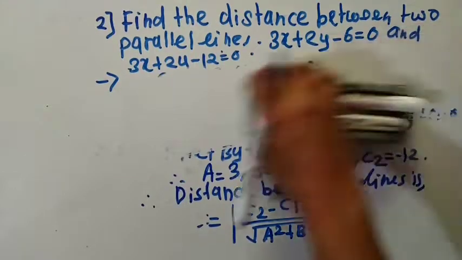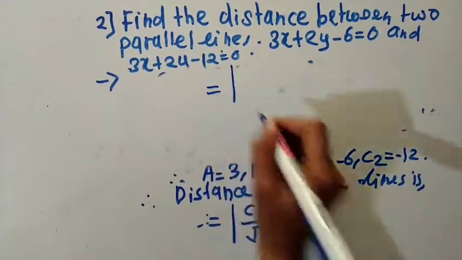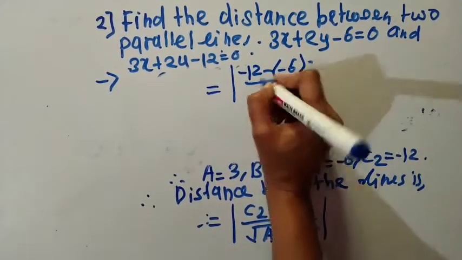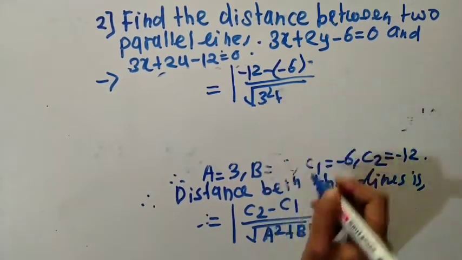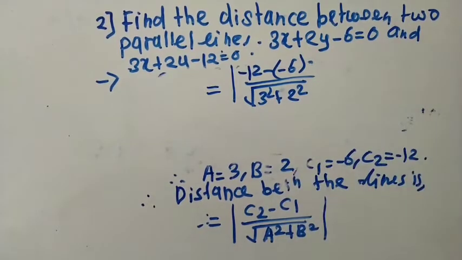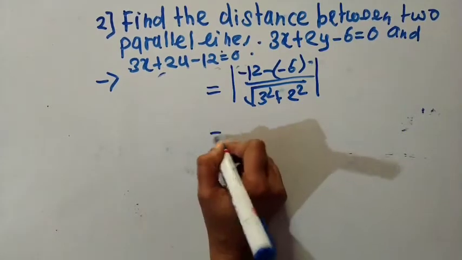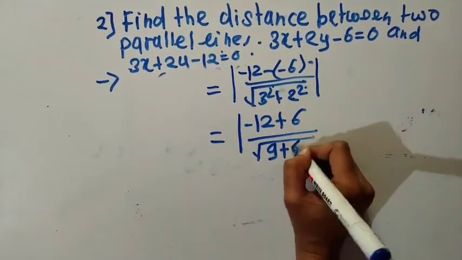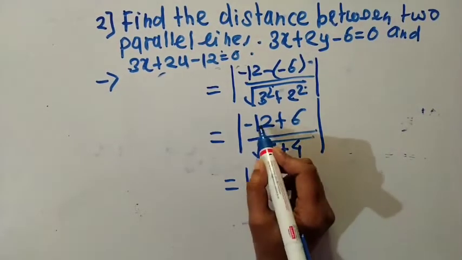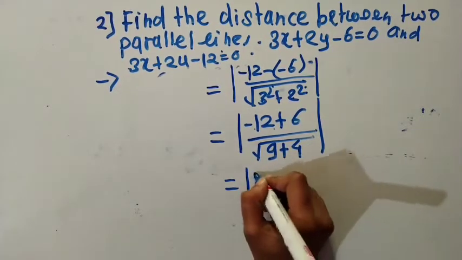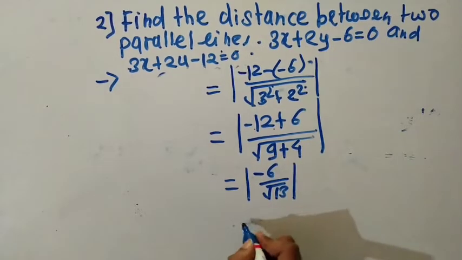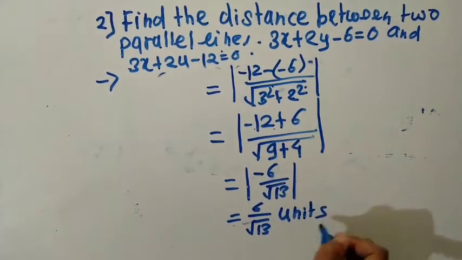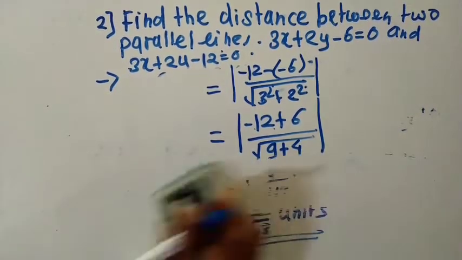Putting these values in this equation, we get (-12 + 6) upon root of 3 square plus 2 square, so -12 plus 6 is -6 upon root 13. The mod sign and minus sign get cancelled and we get 6 upon root 13 units. This is the distance between the two parallel lines.